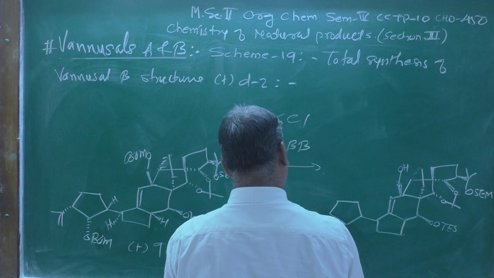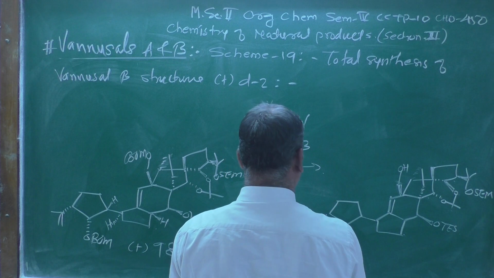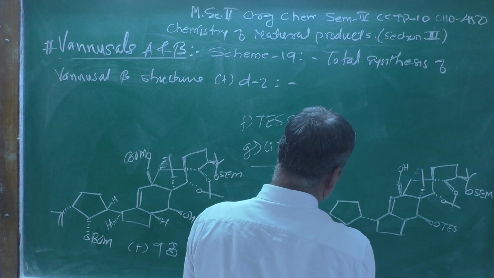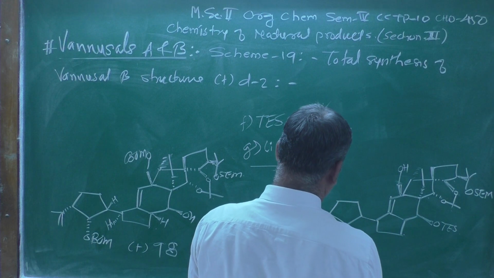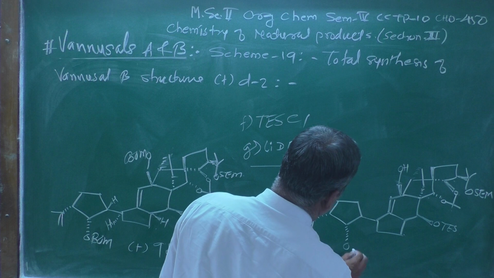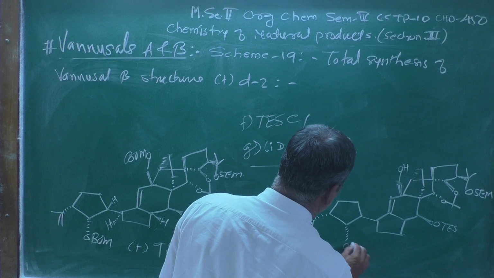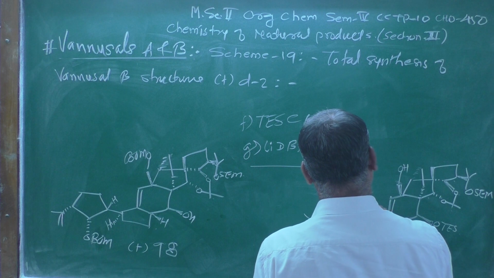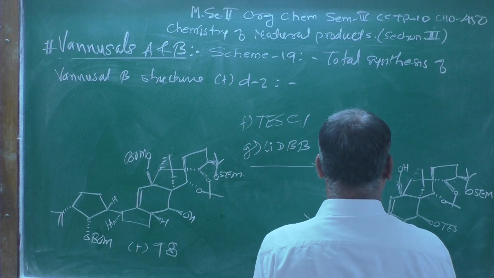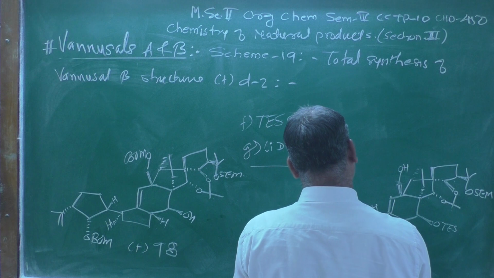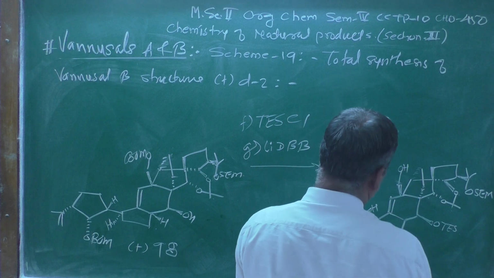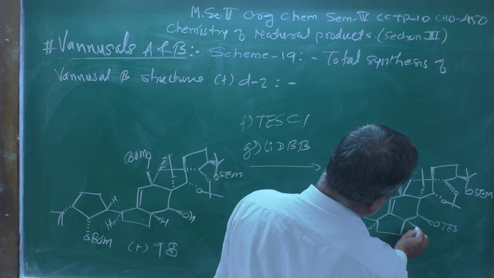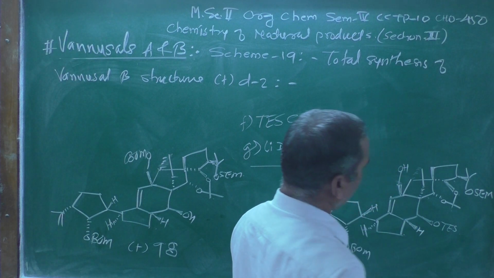And now coming back to ring A, which contains an isopropylene group as well as another protected hydroxyl group with BOM. Now the hydrogen atom at this corner remains above the plane, and the other hydrogen atom should remain below the plane at this position, and here the hydrogen atom should be above the plane.